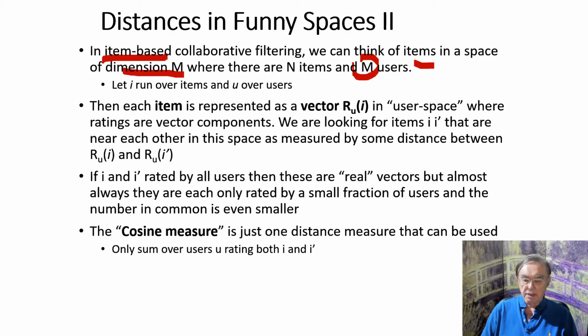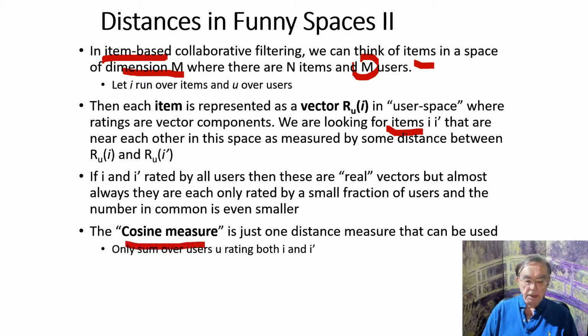And we have the same thing, it's a vector, and many items only have some number of users in common. And in calculating the distance between items now, as opposed to the distance between users, we need to just involve the items that have been associated with both users.